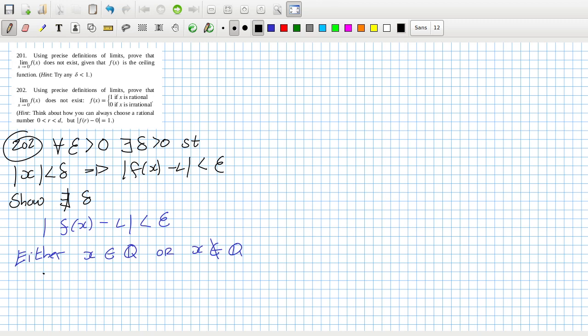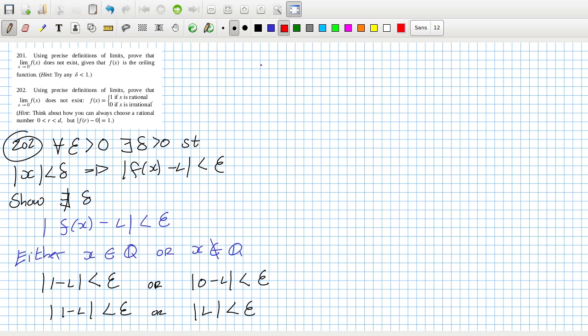If it's rational, you'll have 1 minus L less than epsilon. Or if it's irrational, we'll have 0 minus L less than epsilon. So that's 1 minus L less than epsilon, or L less than epsilon.